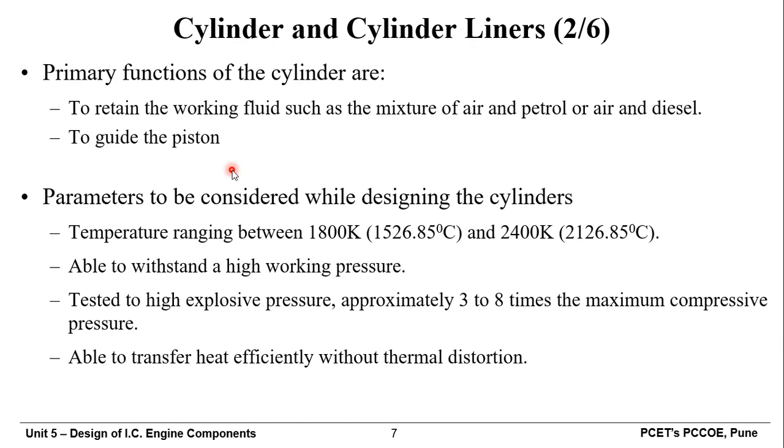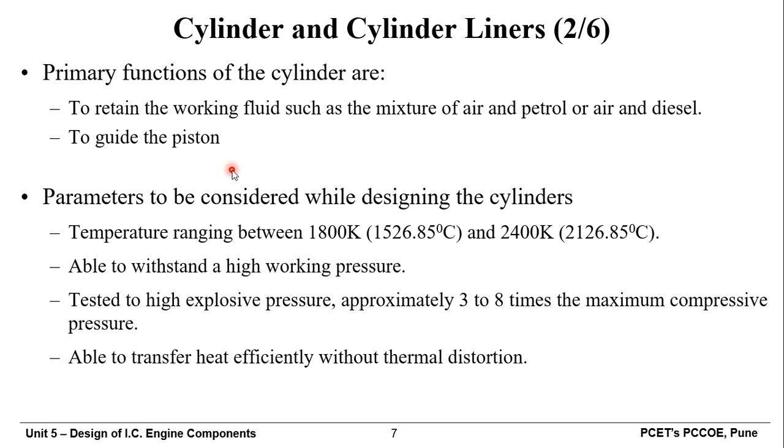Again, we need to consider different parameters while designing the cylinders. The first very important parameter is the temperature, because due to continuous operation of the engine and combustion inside the cylinder, temperature increases to 1800 Kelvin to 2400 Kelvin, and that is quite high.